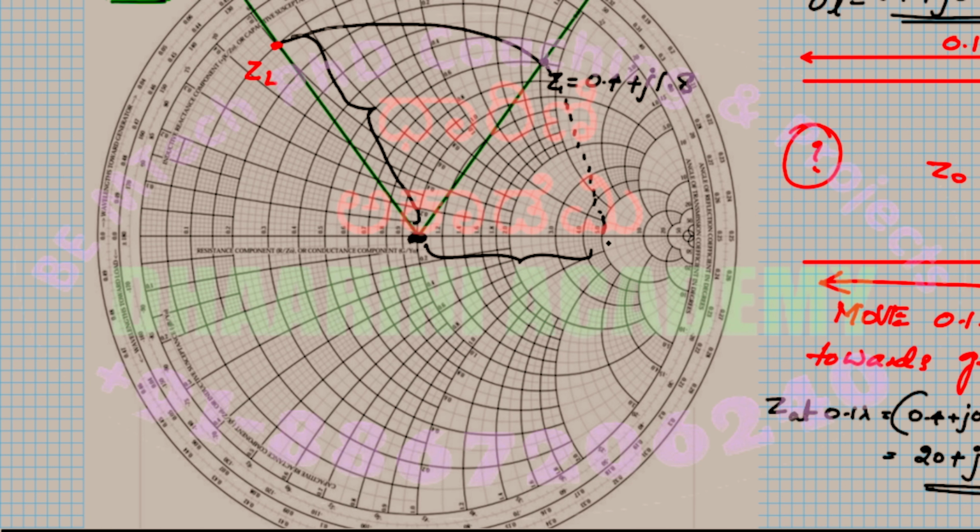Actually, remember one point. This point represents your Z minimum. Not Z minimum, Z maximum, sorry, because it's towards infinity. So this is the maximum amount of Z. No, it's not a straight line.